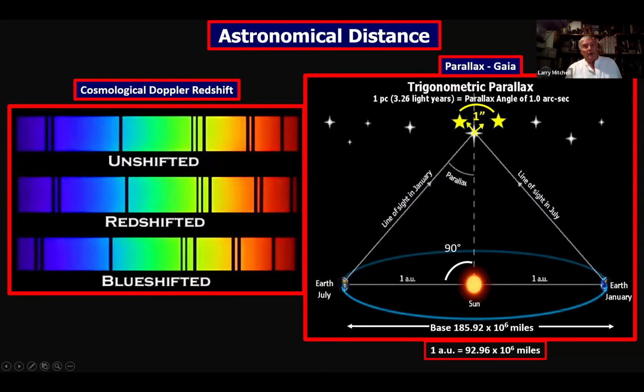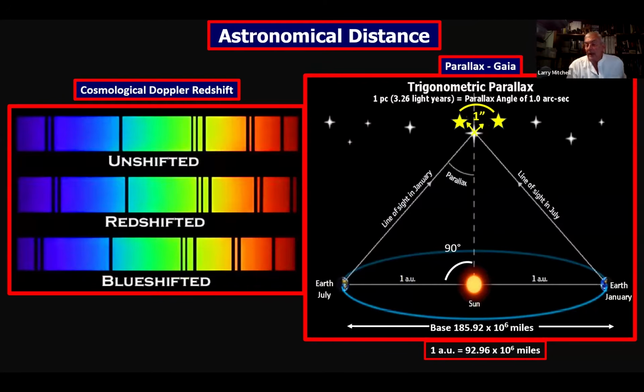You can see that if you hold up your hand in front of your eyes and open one eye and close the other, blinking back and forth, you'll see the background behind your hand shift from one side to the next. That is parallax. And that's how we measure the distance to these stars.